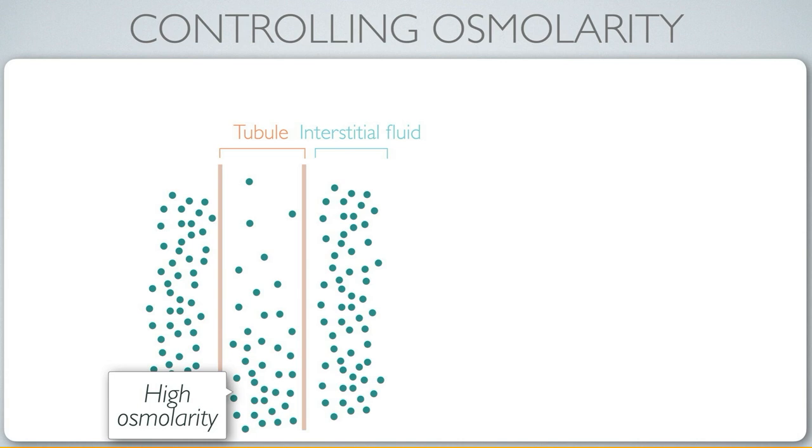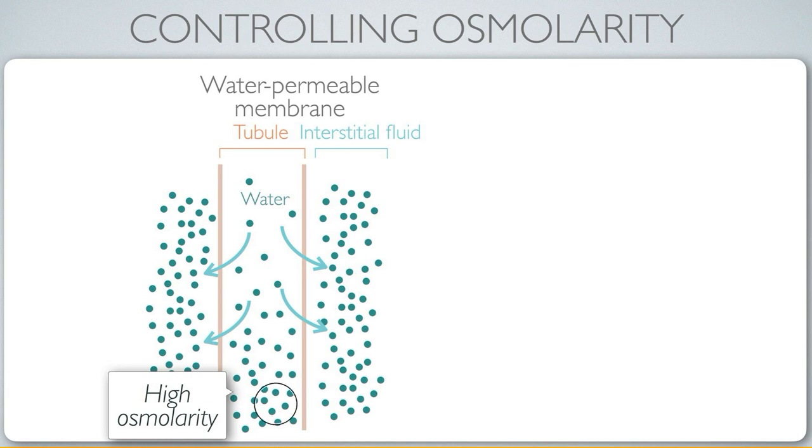And as a consequence, if we make this membrane permeable to water, then water will leave the filtrate, that is the solution that's inside the tubule, and enter into the interstitial fluid. That in turn concentrates the filtrate to achieve this high osmolarity right here.